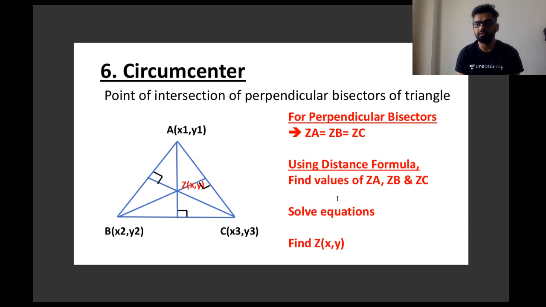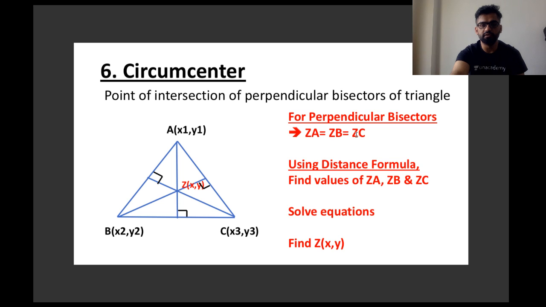Where they intersect is called the circumcenter. So from this circumcenter, that is Z, you can draw a circle which will pass through all the vertices. In that case, ZA, ZB, ZC all become equal to the radius of that circumcircle.